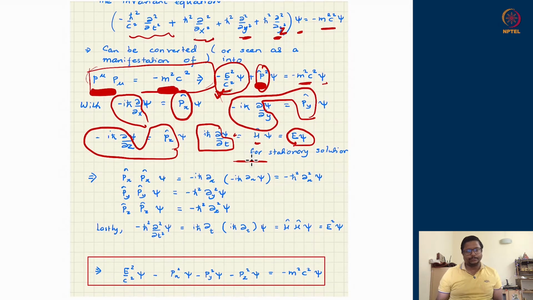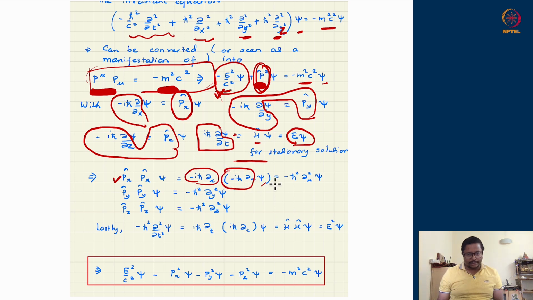Okay. So I have two p's appearing here, spatial px square. So px square will be written as px times px, and I know px operator is this, and px hitting the psi twice will be equivalent to minus h square partial derivative hitting twice the wave function psi. And similarly py square will be minus h square del 2 upon del y square hitting the psi.